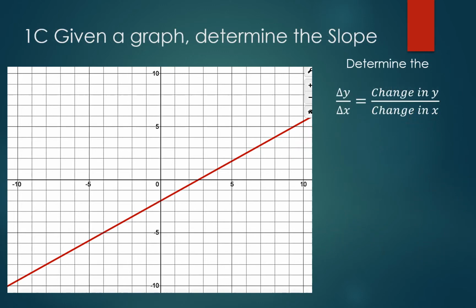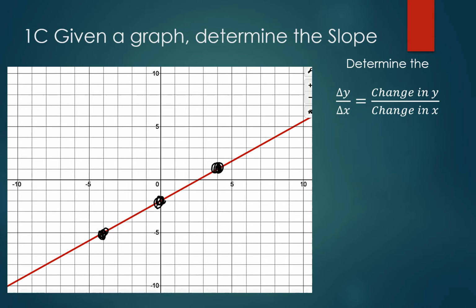One of the other ways you can find slope is actually using the line or the graph. Again, label your points, as many as possible, or at least 2. From here, you're going to calculate your rise over run. Basically, you're changing y divided by changing x.